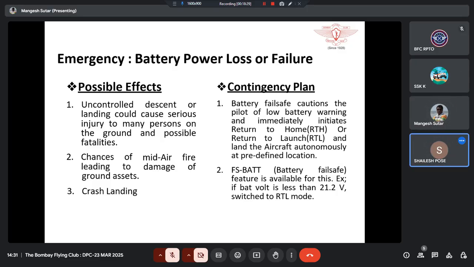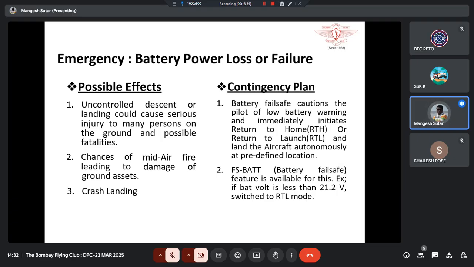Okay, sir. So think about the battery loss. We always configure something called FS-BAT, or battery failsafe mechanism. So if my battery failsafe is configured for, let's say, 40%, I should not go down to 40%. Before that I should land my drone.